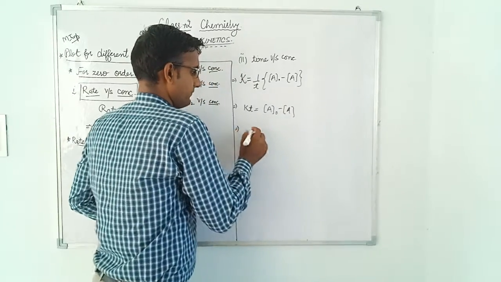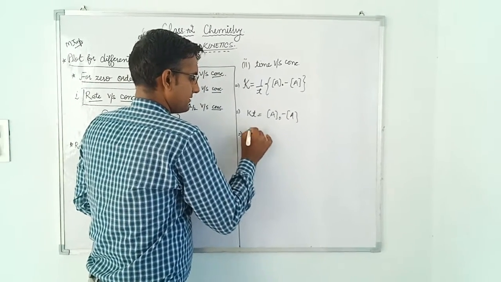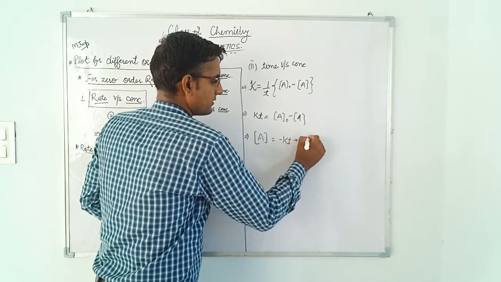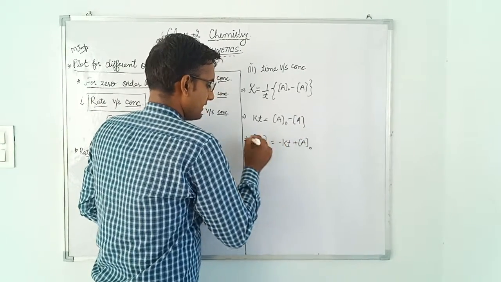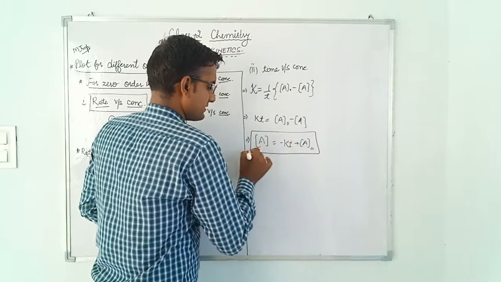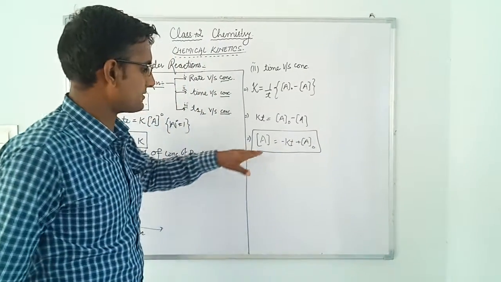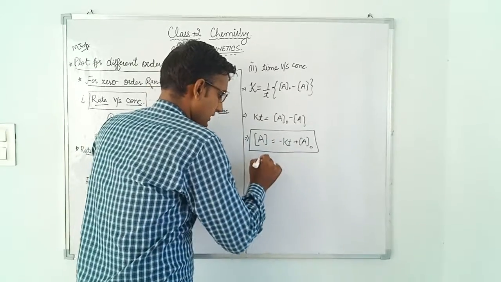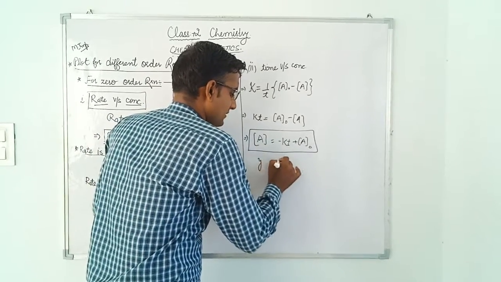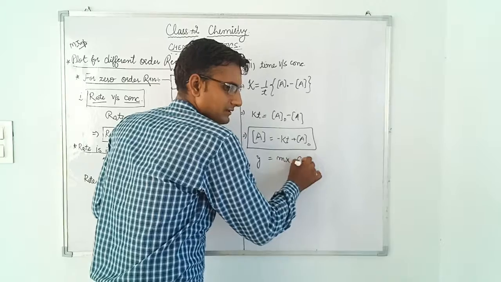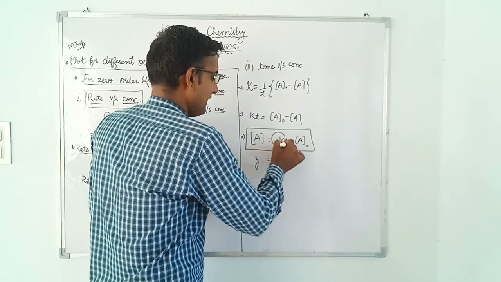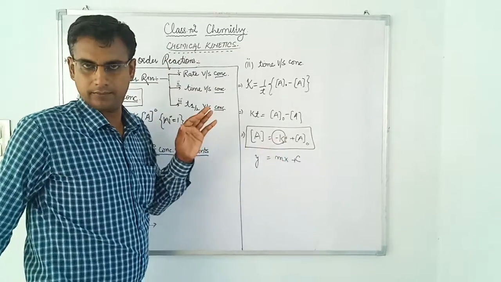This implies a is equal to minus kt plus a naught, and this equation, if we compare it with the straight line equation, resembles y is equal to mx plus c, in which minus k is the slope.